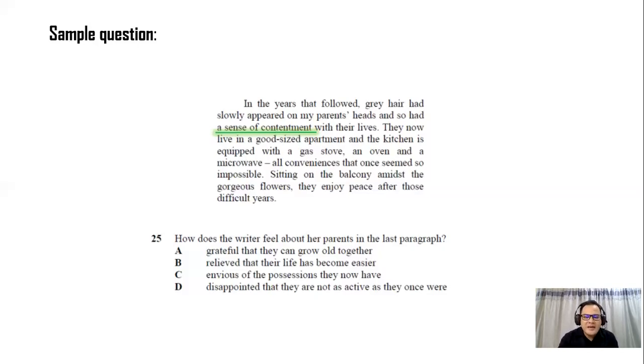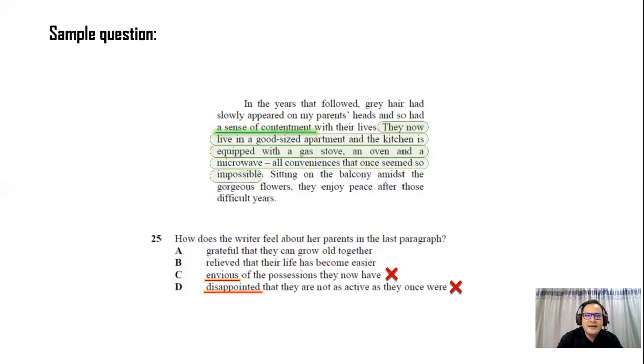So we can eliminate option C, because the adjective "envious" carries a negative connotation. And we can also eliminate option D, "disappointed", which also carries a negative connotation. Both of these adjectives describe negative feelings. So we are left with options A and B.